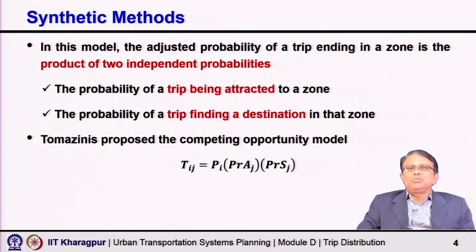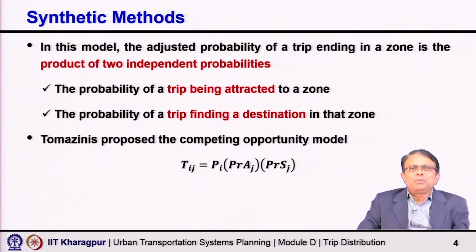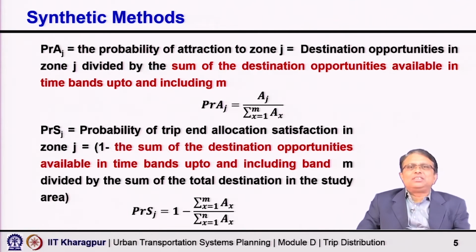So, the following formulation is used: T_ij equals P_i, the trips produced in zone I, the simple part. Now, how many will go to zone J is the product of PRAJ, the probability of a trip getting attracted to zone J, multiplied by PRSj, that is the probability of trip end allocation satisfaction in that zone.